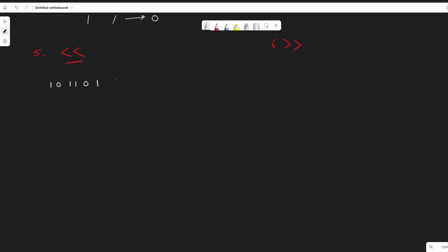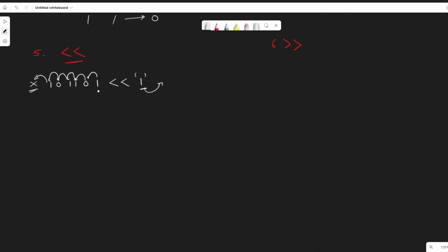Suppose we have to left shift it by 1. That 1 is the number by which we have to shift. So if we shift by 1, then we move every bit one position ahead. This goes to this position, this goes to this, and this is neglected.